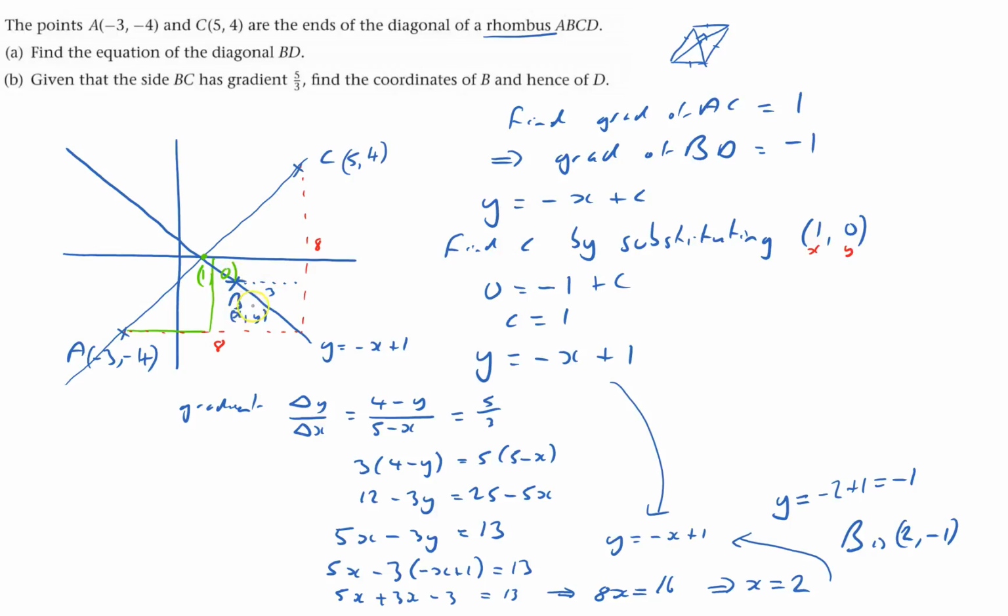So B is 2, minus 1, down 1, across 1, and this one here is going to have to go up 1 and across 1 to the left. So it's on 1, so it'll be 0, and up 1, that'll be there, which is 0, 1, and that is D is 0, 1.